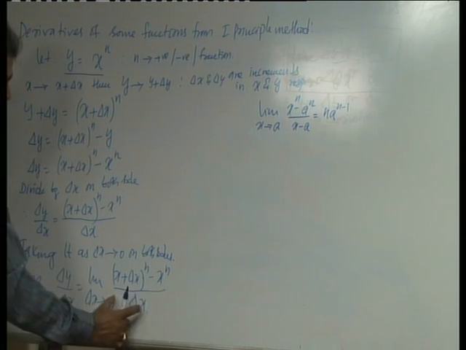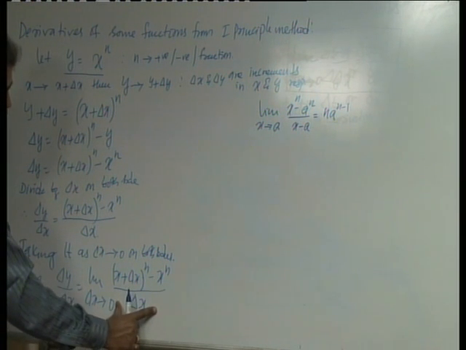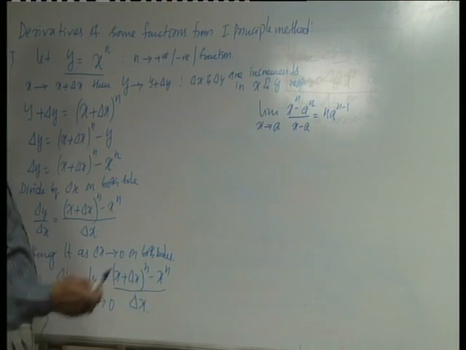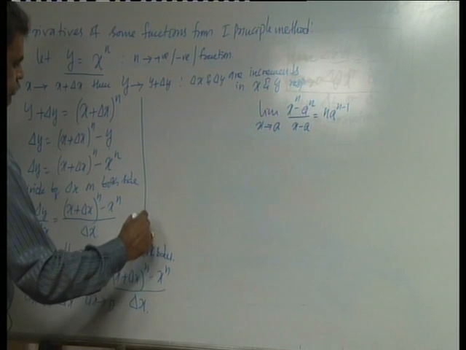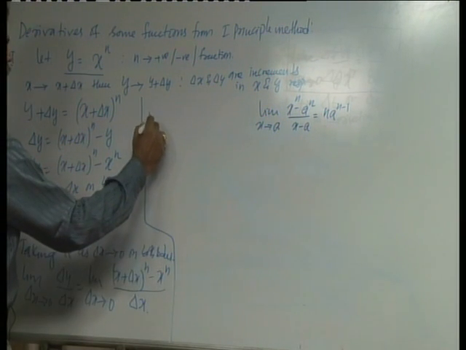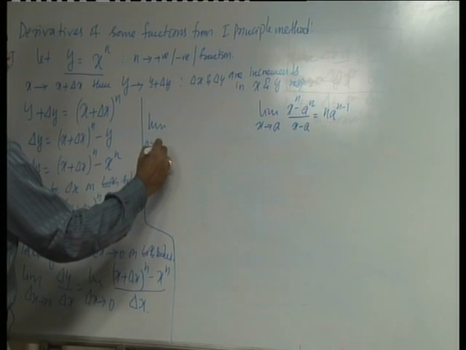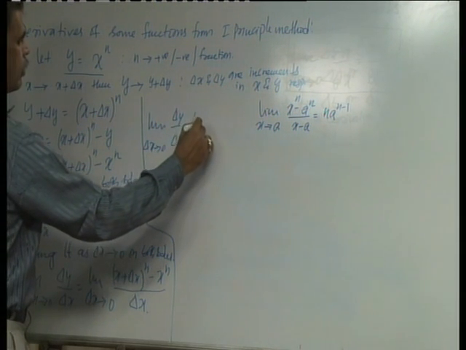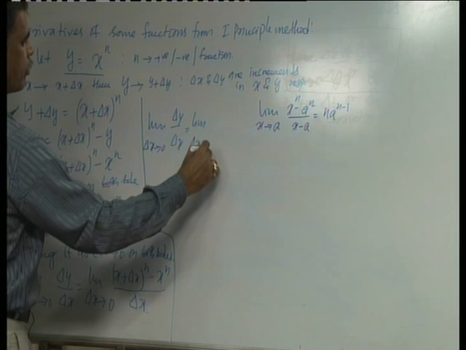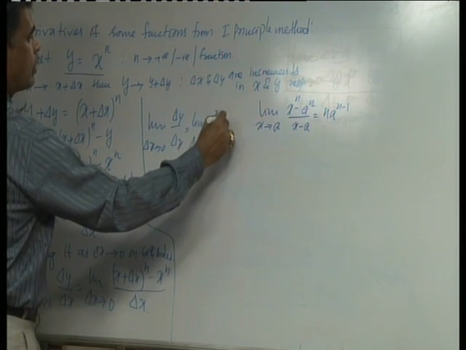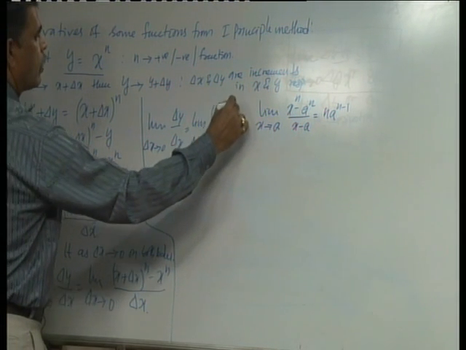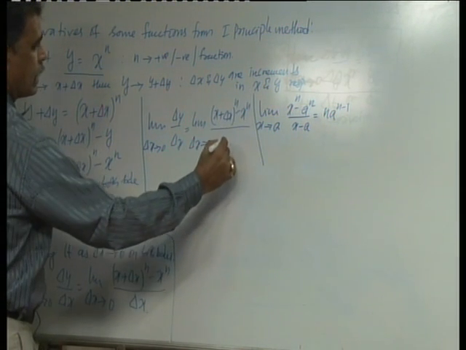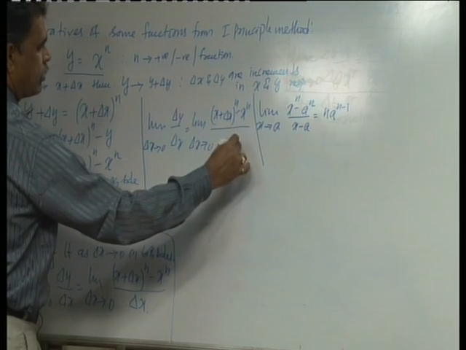To get the standard form in the denominator, I will add x and subtract x. That is, limit delta x tends to 0, delta y divided by delta x is equal to limit delta x tends to 0, (x plus delta x) to the power of n minus x to the power of n, whole divided by delta x.